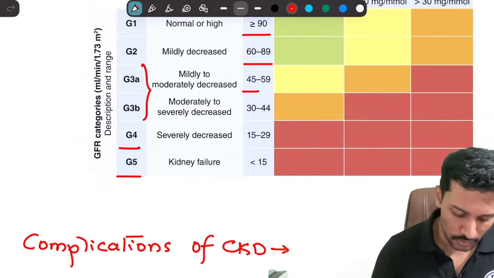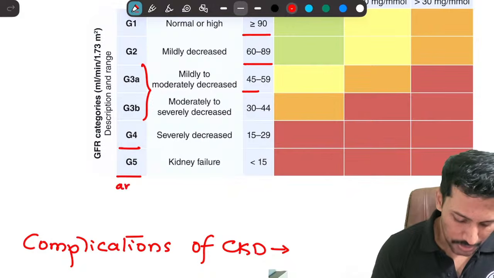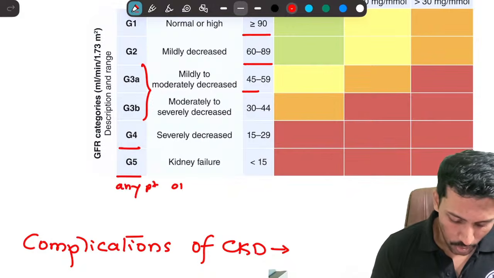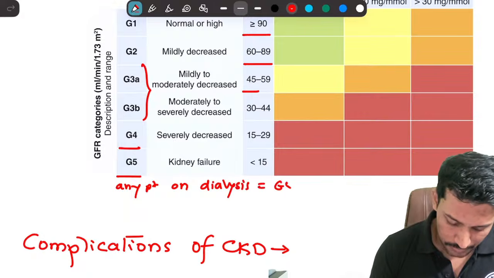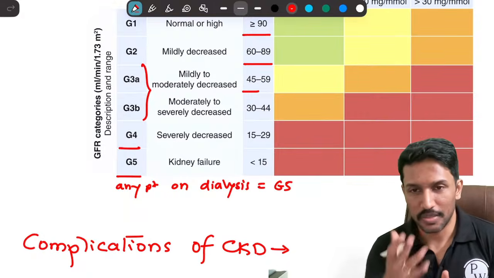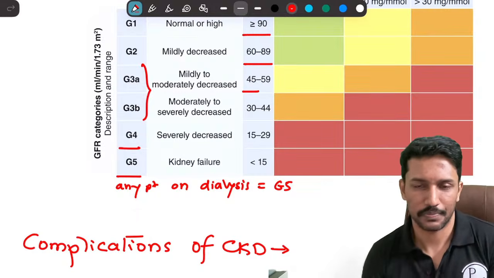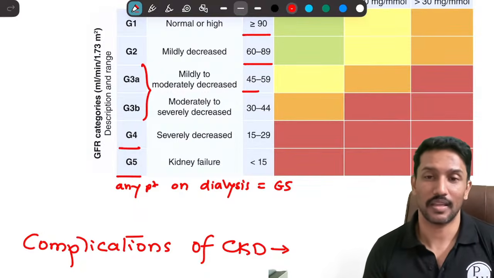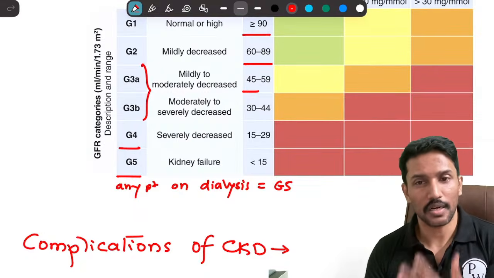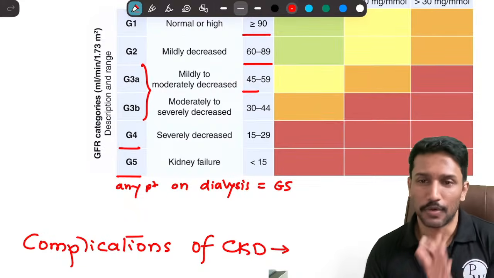And at the same time, you should also remember any patient on dialysis will always be considered as G5 because their GFR cannot be estimated. Artificially, we are dialyzing them. So any patient of AKI started on dialysis will be stage 3 AKI. Any patient of CKD started on dialysis will be G5, right?